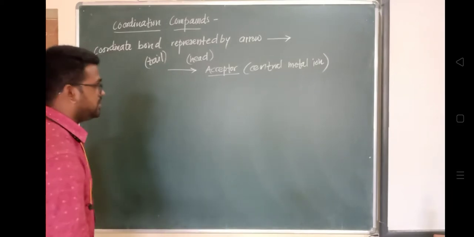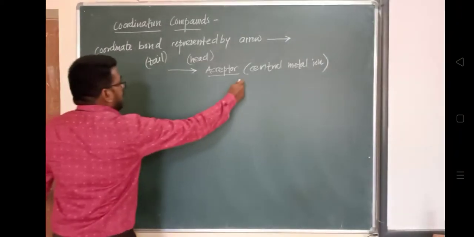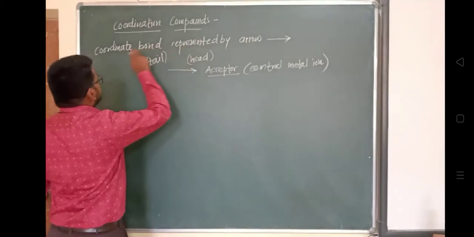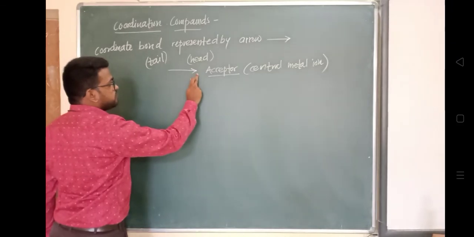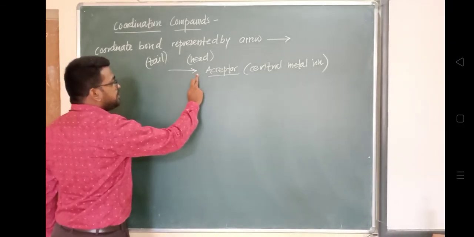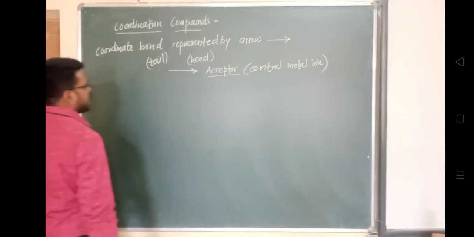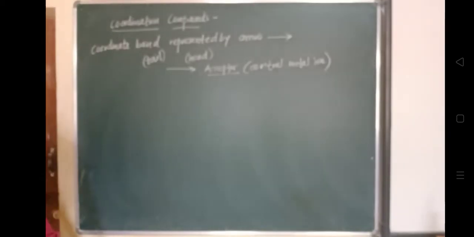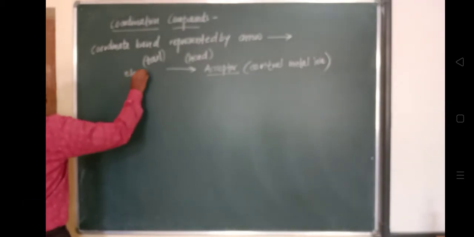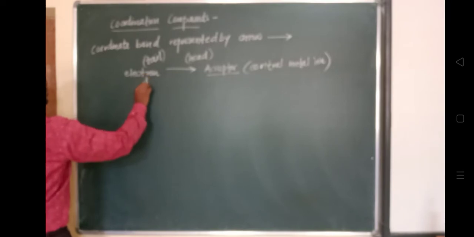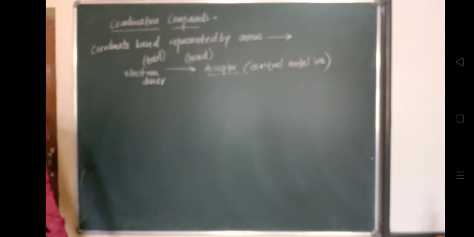The head of the arrow is towards the central metal ion, which accepts the electron, and the tail points towards the electron donor. This is the representation of the coordinate bond.